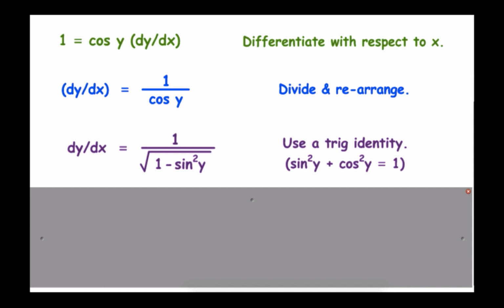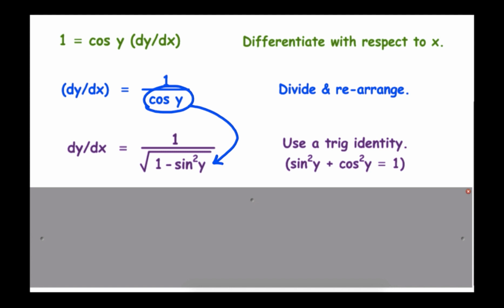I used the golden sheet, the fact that sine squared plus cosine squared was 1, and I rewrote the cosine of y as the square root of 1 minus sine squared of y. Wow. All right. Sine squared of y is actually sine of y times sine of y, of course.